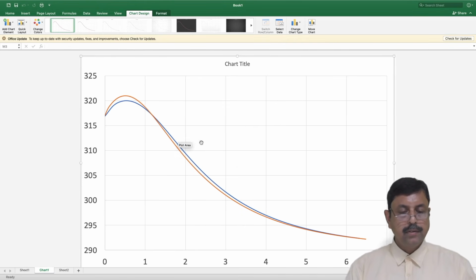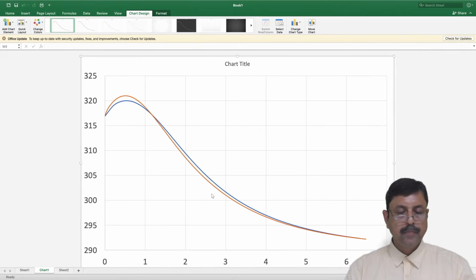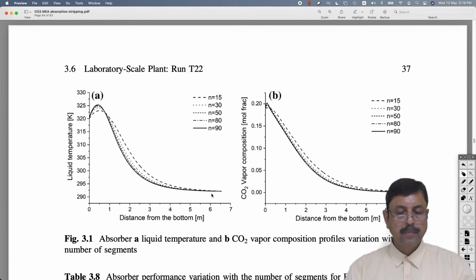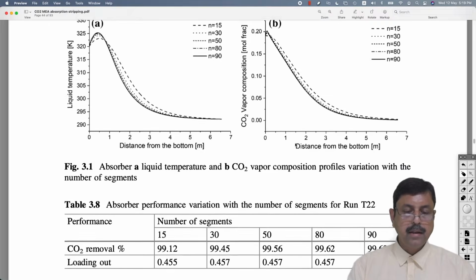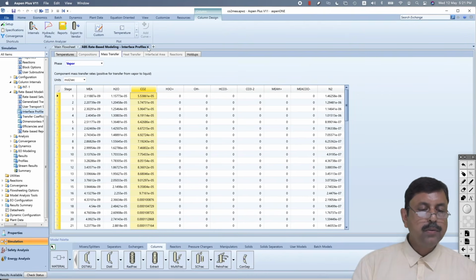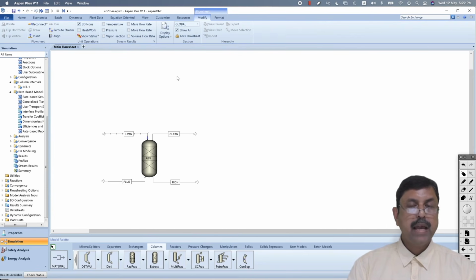Okay, so this one is very much similar to this one. So this one will also be similar. So that's how we do the rate-based modeling of absorption column for reactive absorption of CO2 in monoethanol amine.